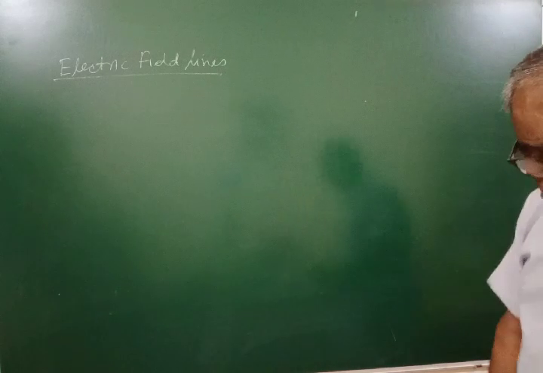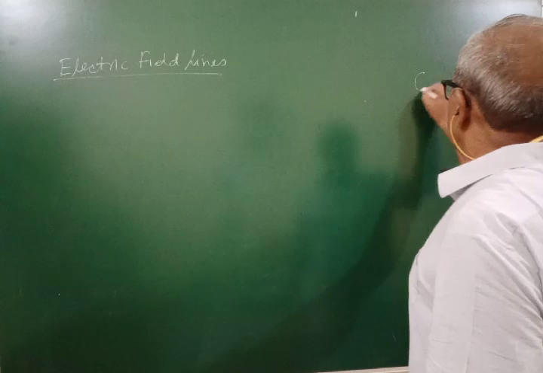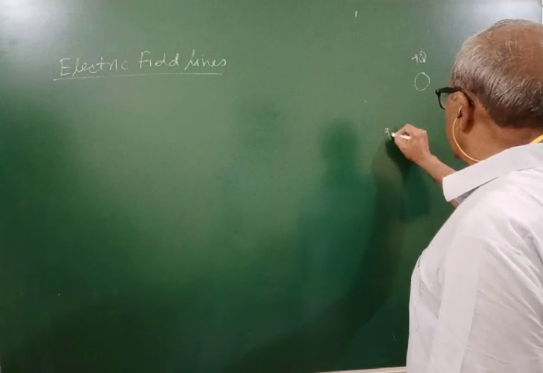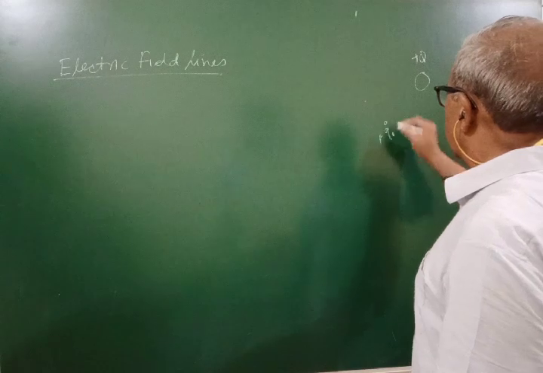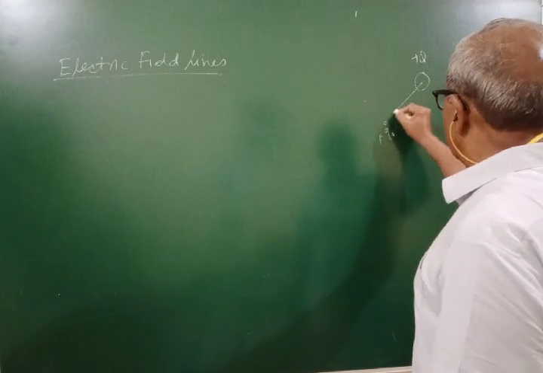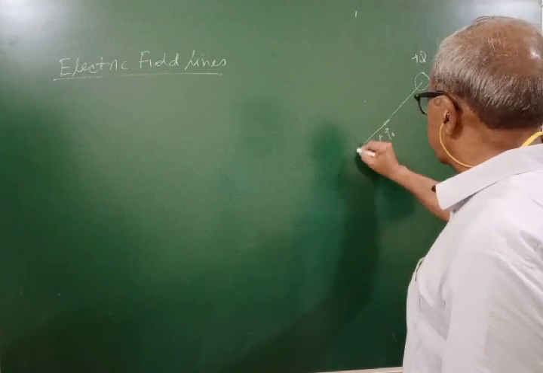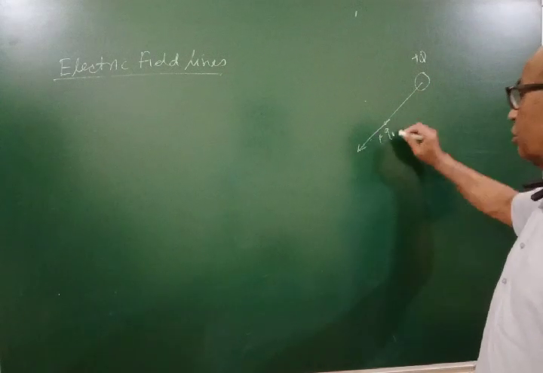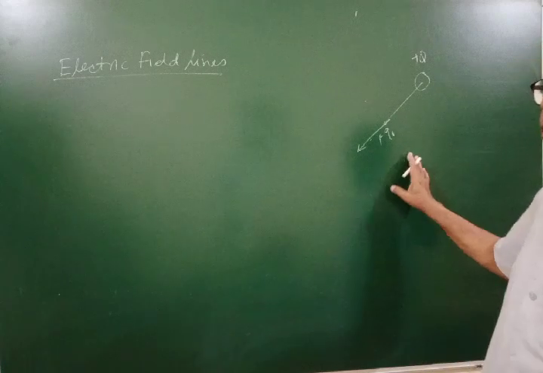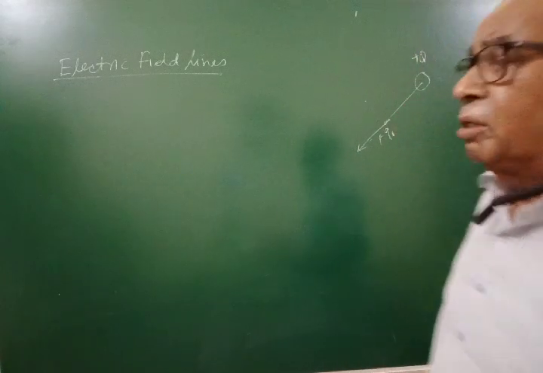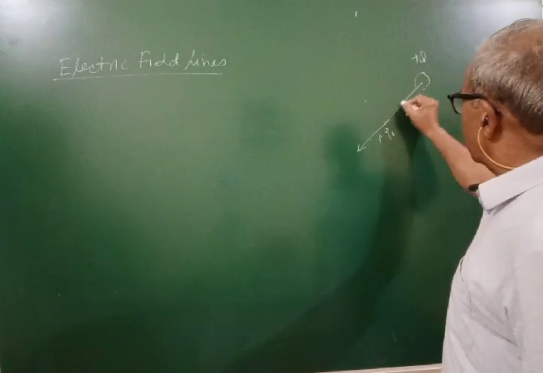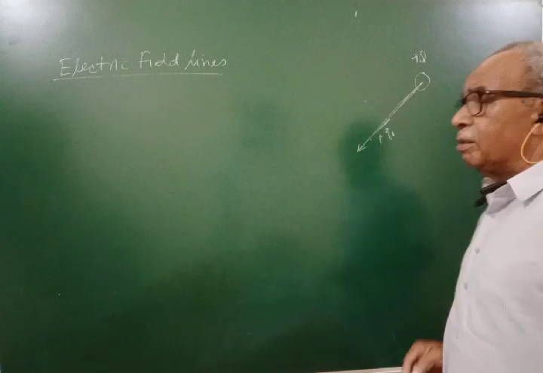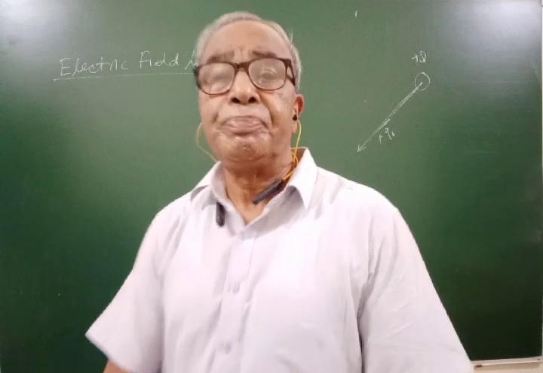For example, I am putting here this positive charge Q. If I place here a test charge Q0 which is positive, then along the line joining them, the force will act in this direction. If I take Q0 as 1 coulomb charge, this direction is called the line of action of force, and hence it may also be called an electric field line.